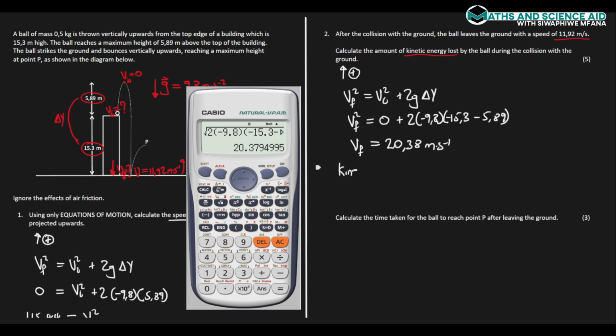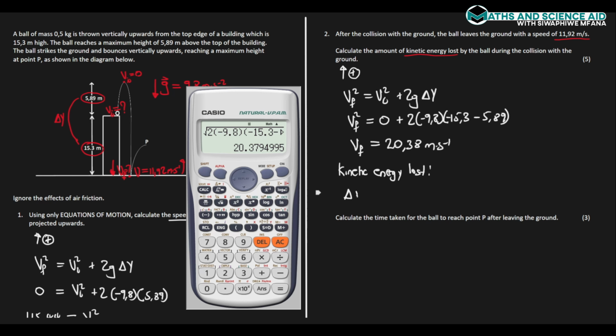So this kinetic energy lost, I'll just symbolize it as a change in kinetic energy. This is going to be equal to half m Vf squared minus half m Vi squared.